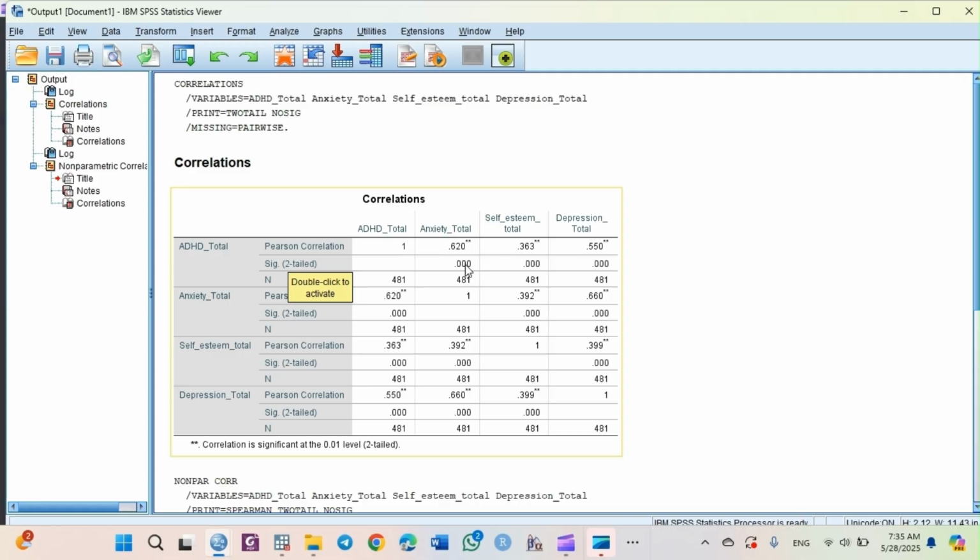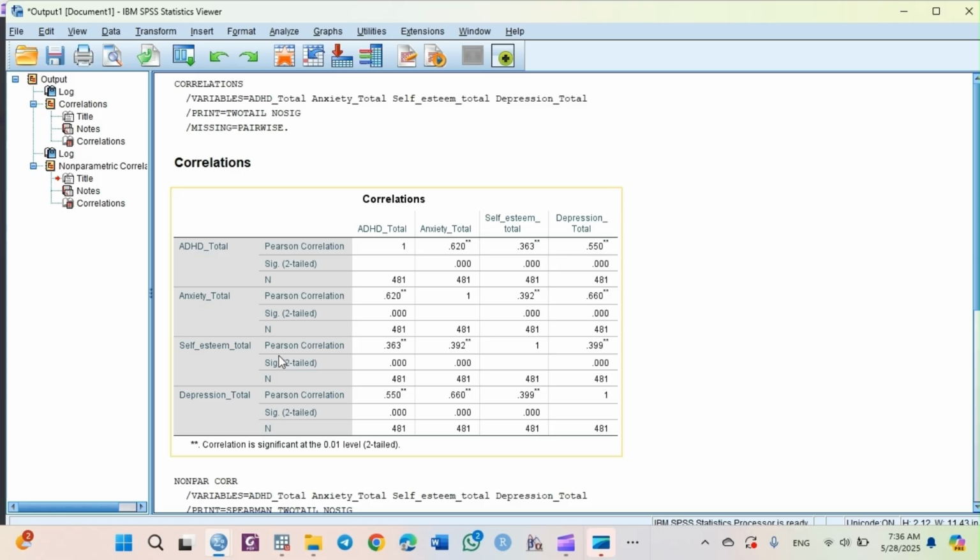If the p-value is less than 0.05, it tells that there is a correlation and that it's statistically significant. The strength of correlation is explained by Pearson's correlation. R tells us the strength of correlation as well as the direction of correlation. And the p-value tells us whether that correlation is statistically significant or not. So a p-value less than 0.05 means there is a statistically significant correlation between the variables.